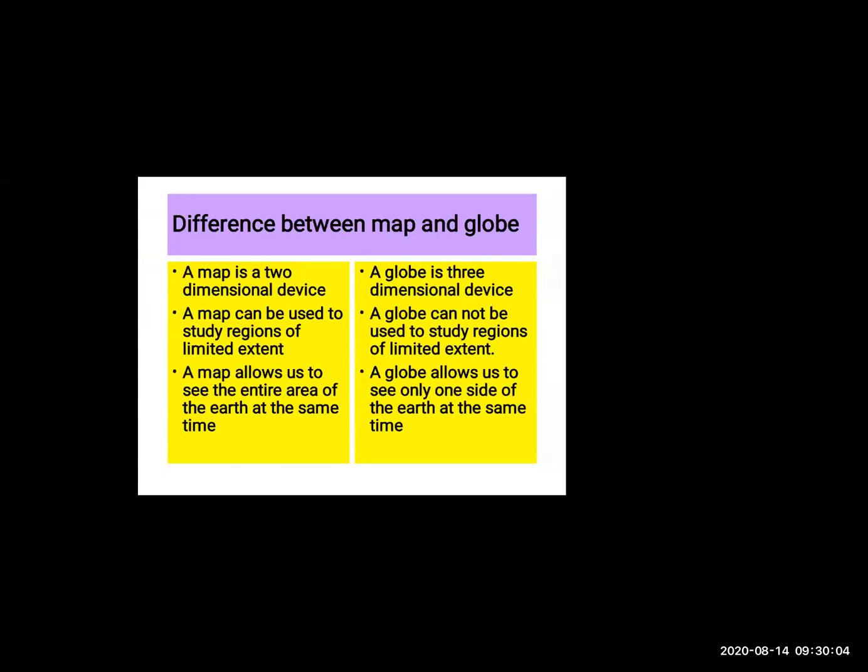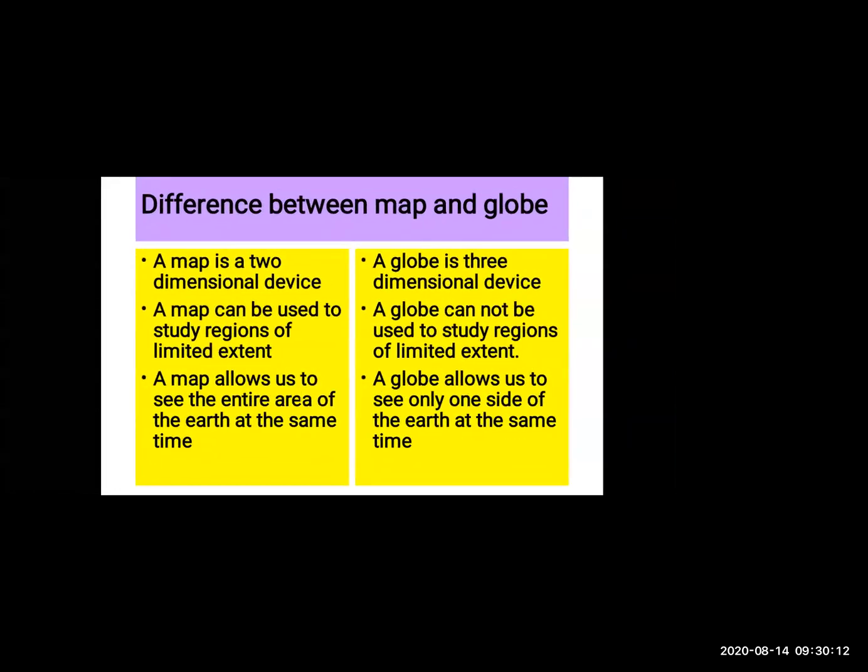After learning the different aspects of map and globe, we can differentiate between them. First, a map is a two-dimensional device and a globe is a three-dimensional device.